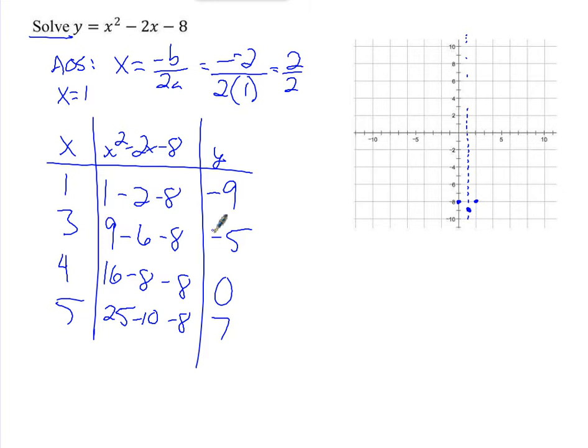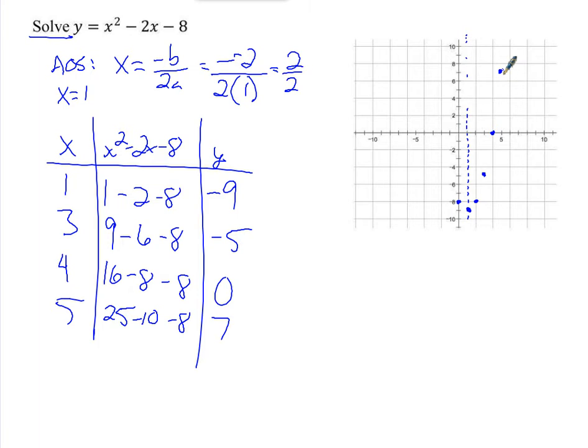We have 3, negative 5, so here's 3, and then negative 5 is there. It's okay that we're not on grid lines. And then 4, 0, and then 5, 7, and then 2, 4, 6, 7.